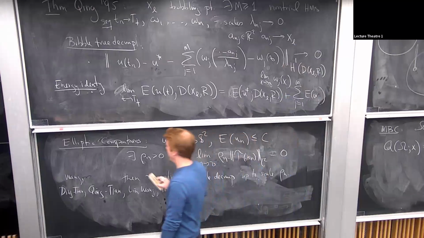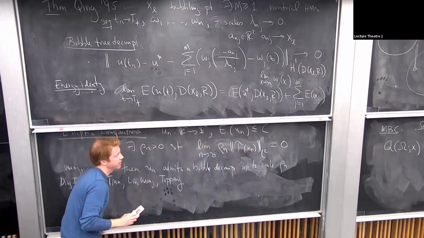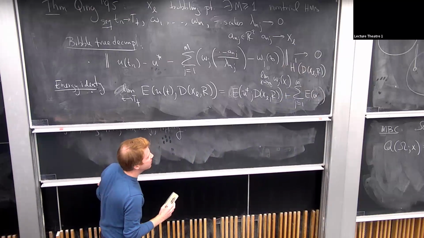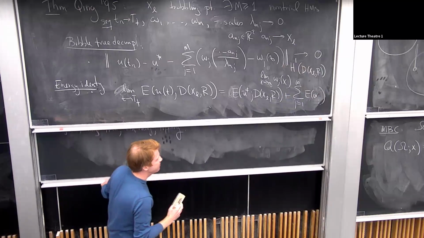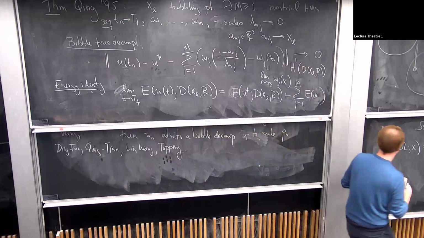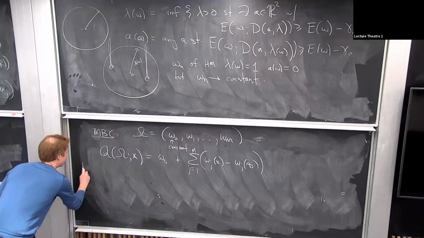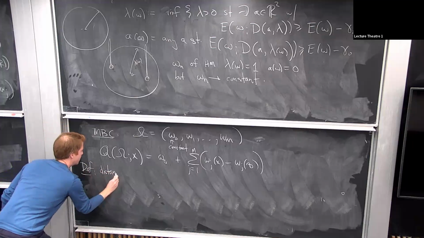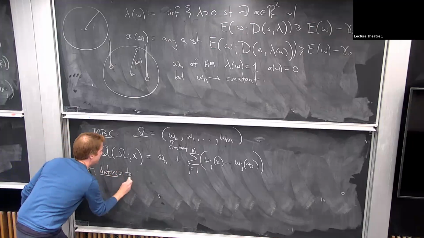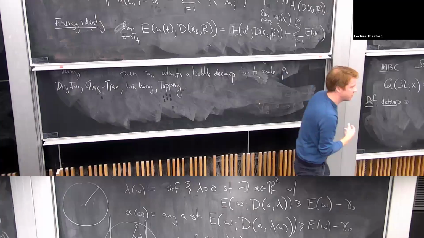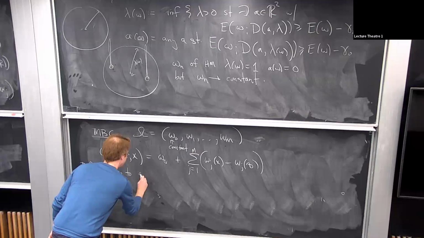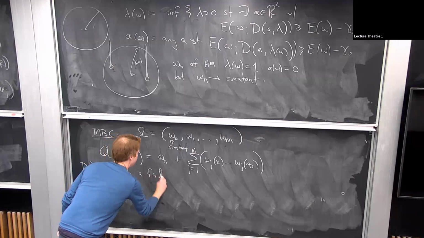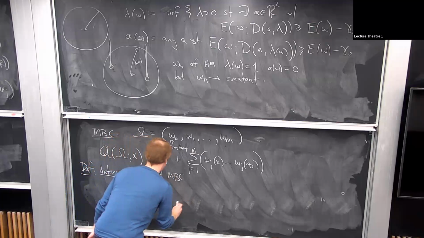And then for a given map to the sphere, I can define the distance to a particular fixed multi-bubble configuration as follows.